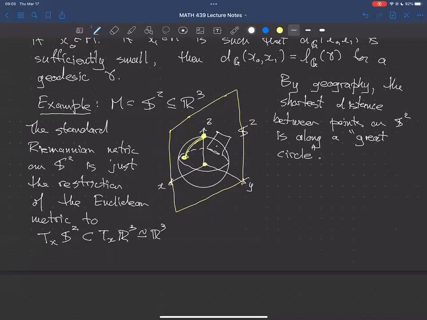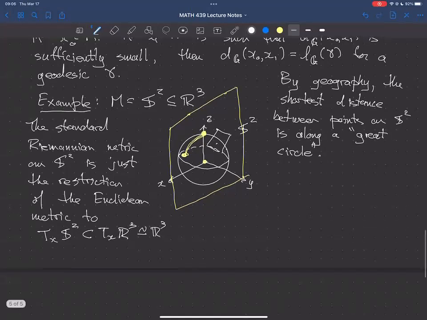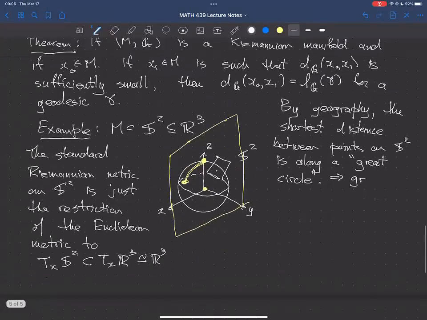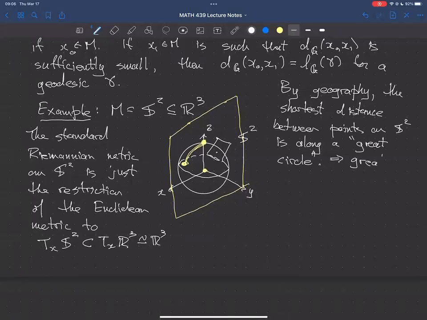Now, from this we can infer that great circles, by the theorem, are geodesics. Well, we can't quite infer that. Let me explain to you why.